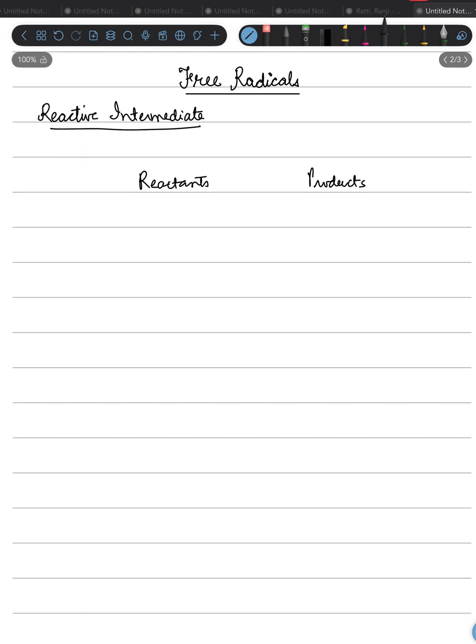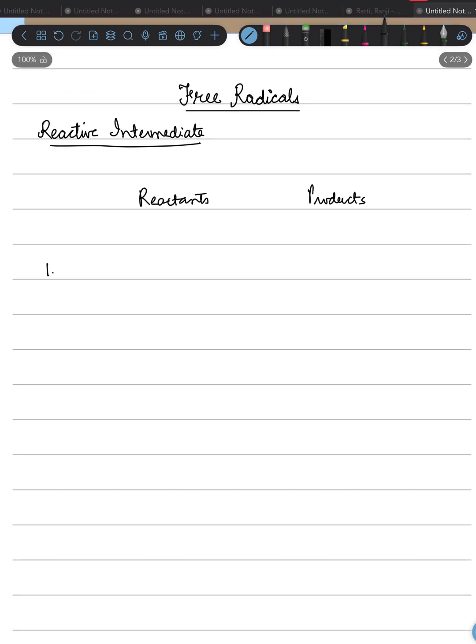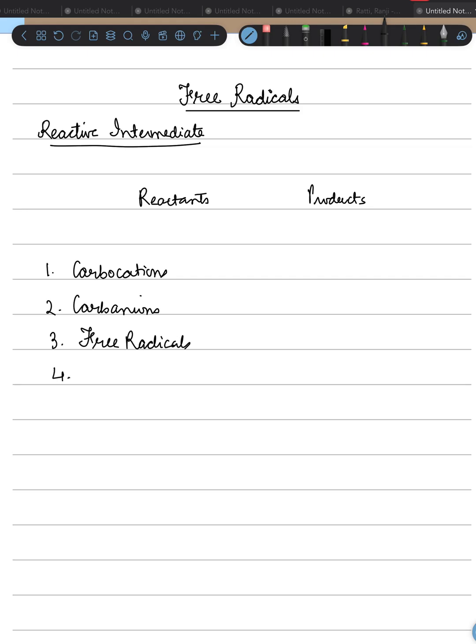Some of the examples of the reactive intermediates are carbocations, carbanions, free radicals, carbenes, and then we have benzynes, and then we have halides, right?